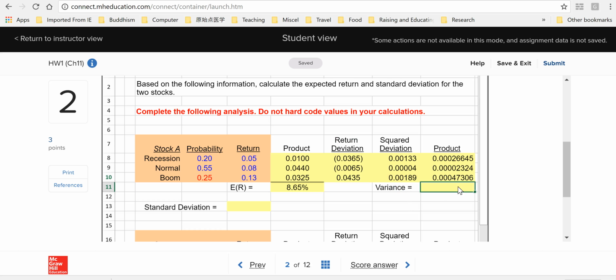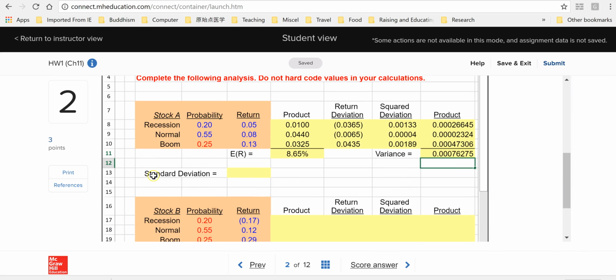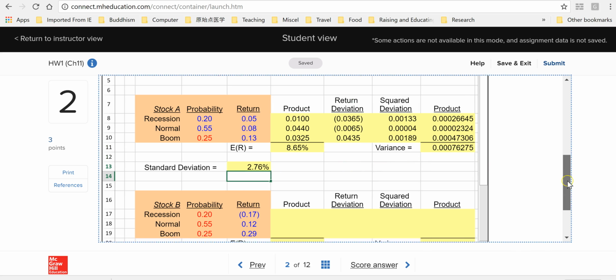Finally, the variance is simply the sum of the three products. So go from there, and that's your answer. You also need to calculate the standard deviation, which is the square root of the variance. So equals SQRT, the square root function in Excel, then take the square root of this number.